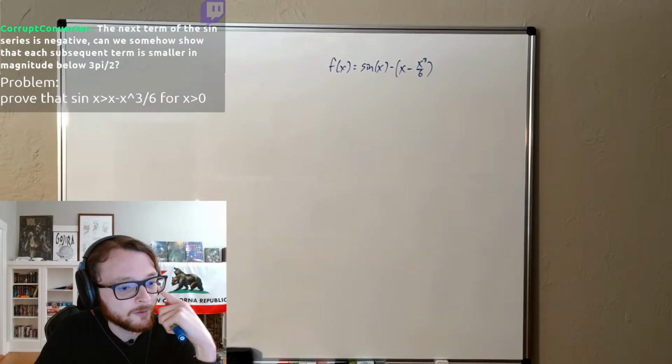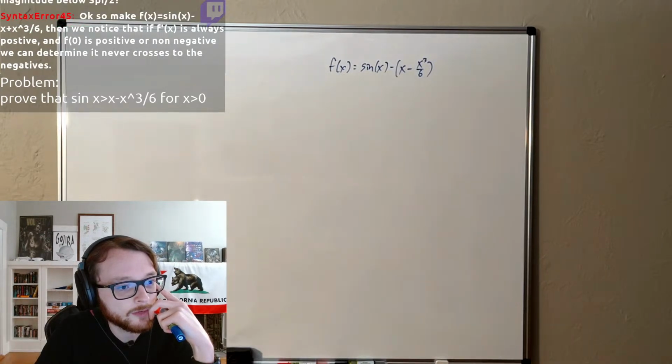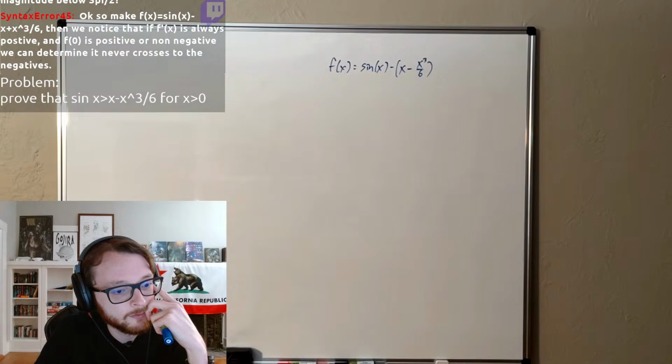The next term of the sine series is negative. Well, the next term is positive, then the next one after that is negative. Yeah, that'd be a way to do it, Corrupt. I'm not sure, I'm thinking. F prime x is always positive. F of 0 is positive or non-negative.